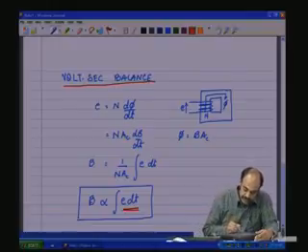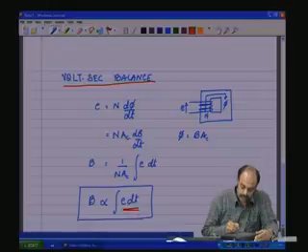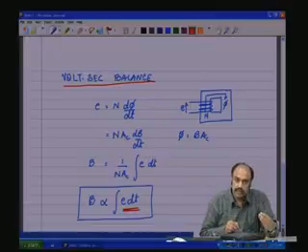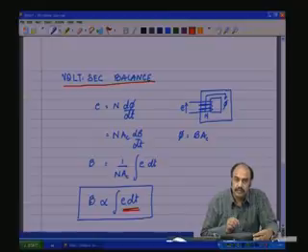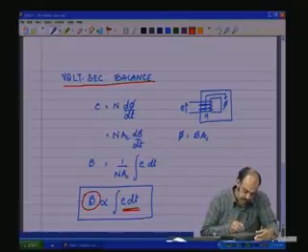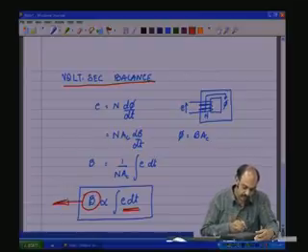Therefore, it is essential that for that particular core, this volt second integral of E dt, which is nothing but the area under the voltage curve, should not go beyond a value that is permissible for that core, whatever the flux density permissible for the core.